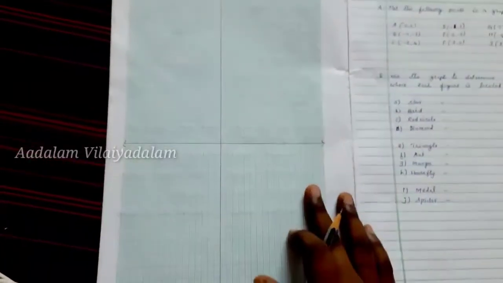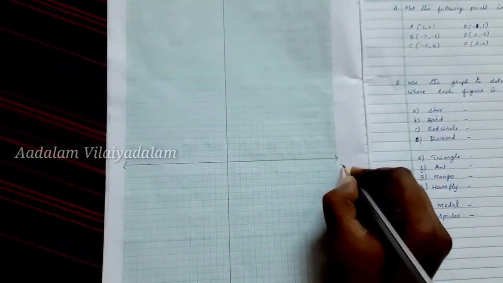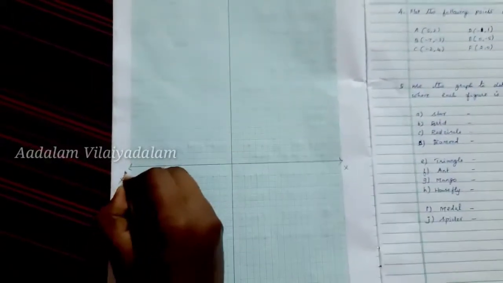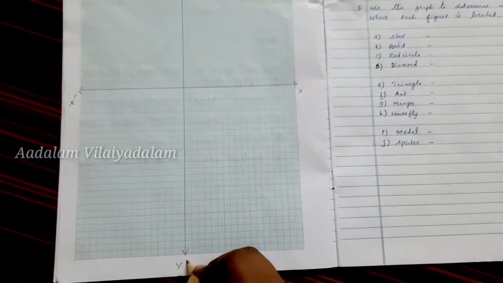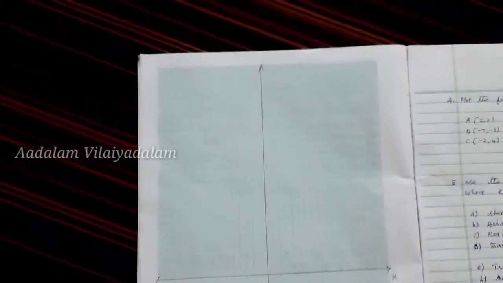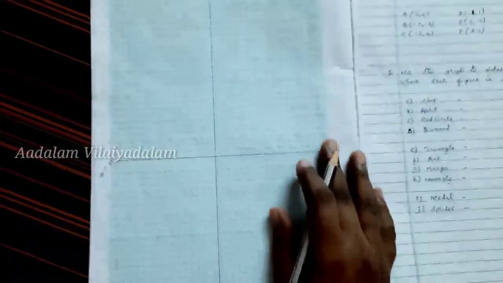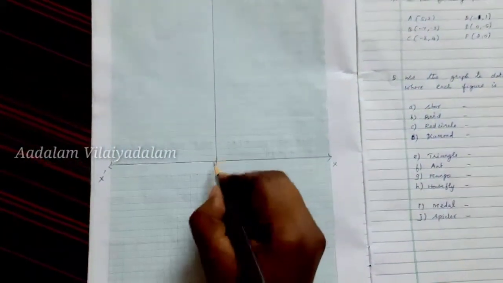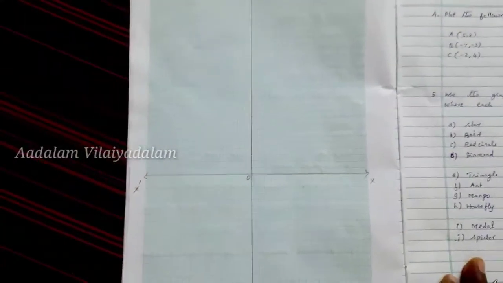In this way, draw the x-axis and y-axis, two lines horizontally and vertically. On the right side you can name it x, on the left x dash, and at the bottom y dash, and at the top we can write plus y. The meeting point of these two lines is O, or the origin.